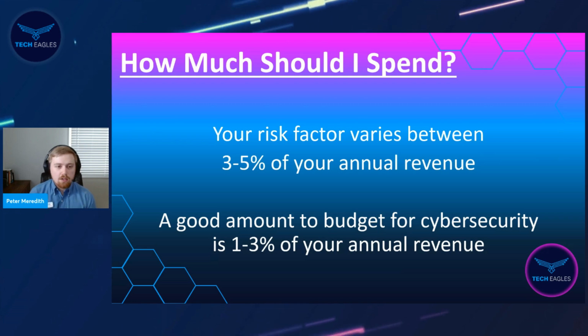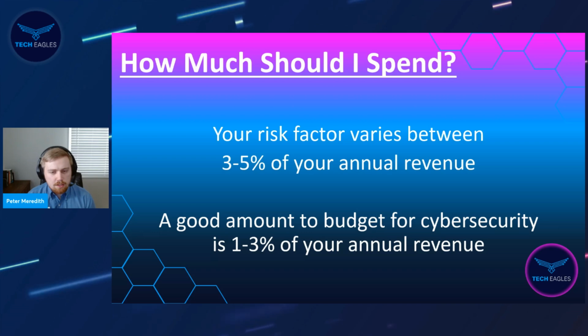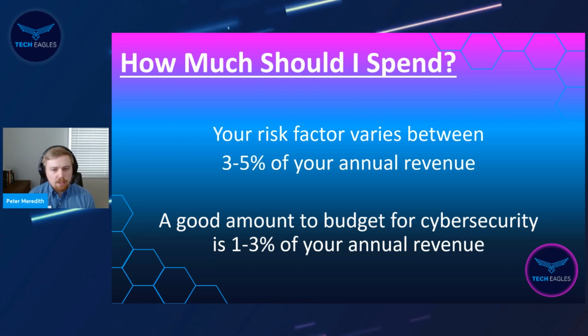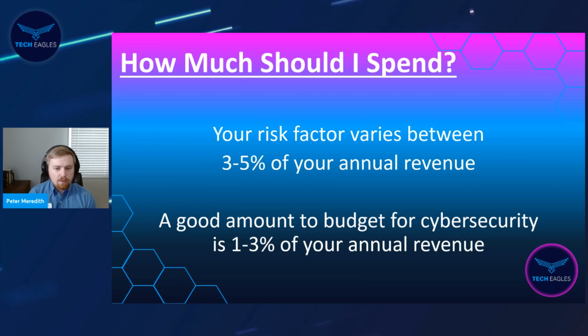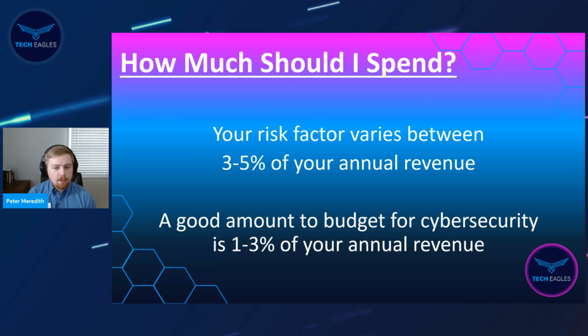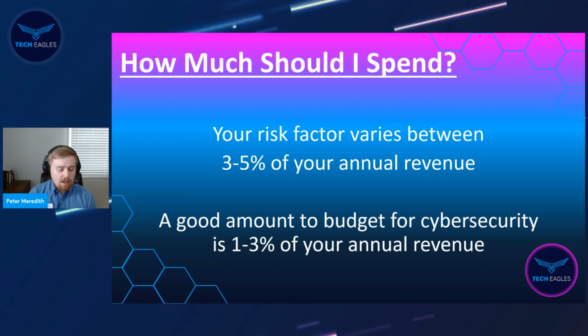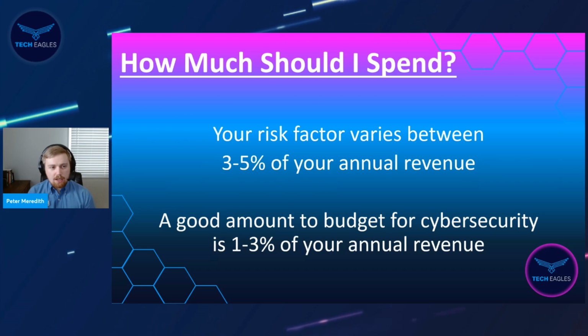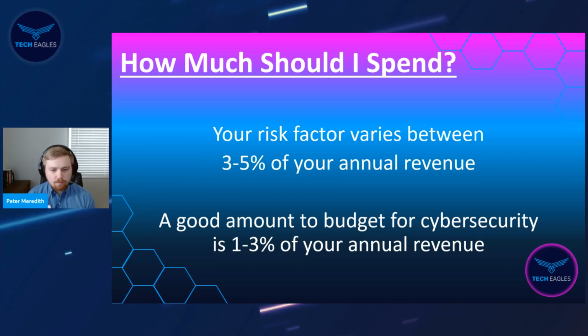And this is just for cybersecurity. I think the national average is that businesses spend between 8 and 12% of their total revenue on IT. That includes hardware, software, support, and cybersecurity. This calculation and this budget item is just for cybersecurity.